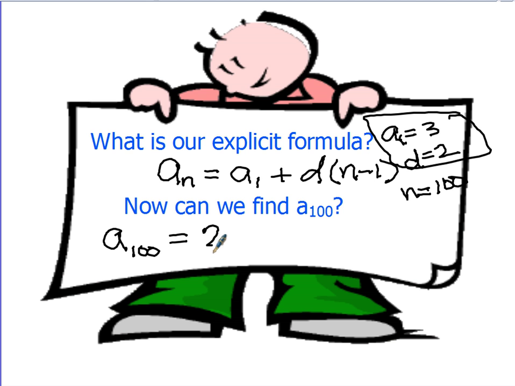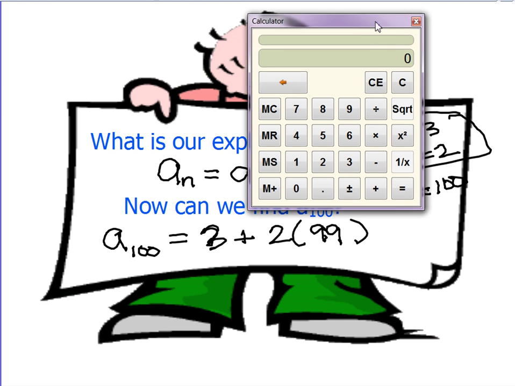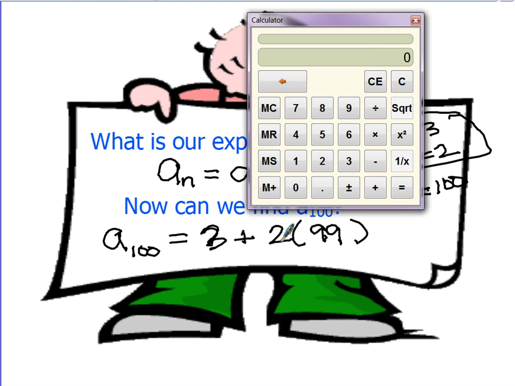I take the initial value, 3, and add it to my common difference, multiplying my common difference by 1 less than the term number itself, 99. And then in order to do that, we're going to pull up a calculator. Order of operations, of course, says that multiplication needs to come before addition.